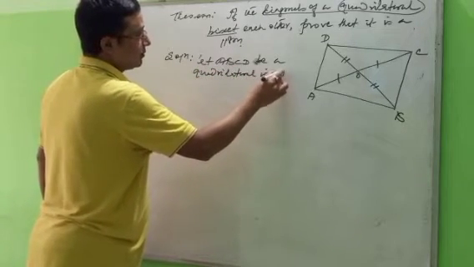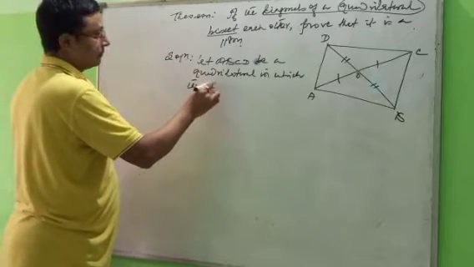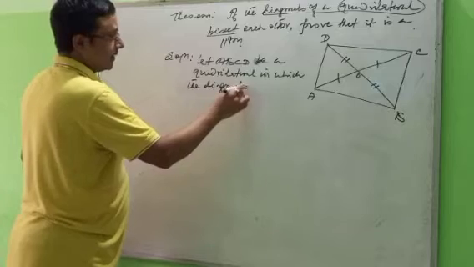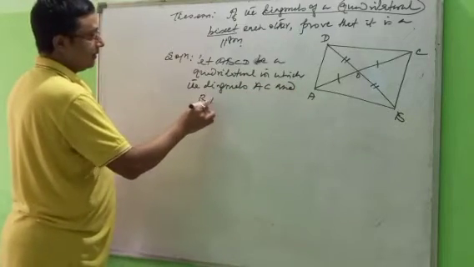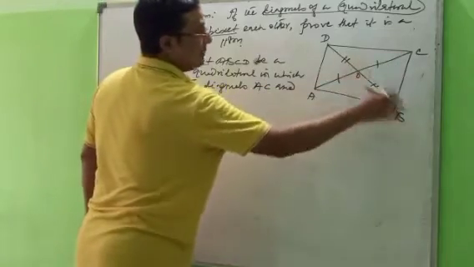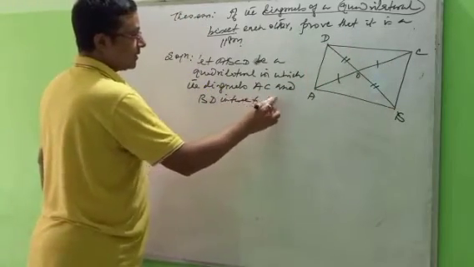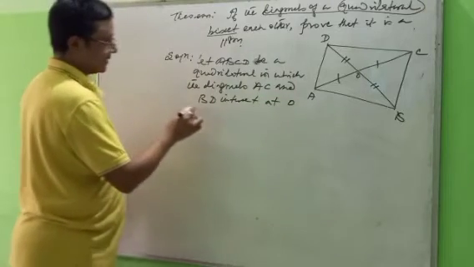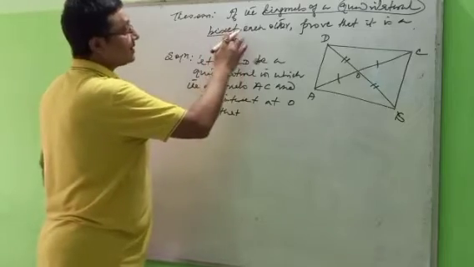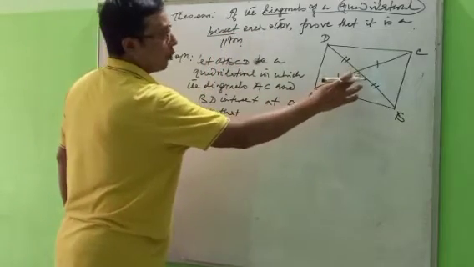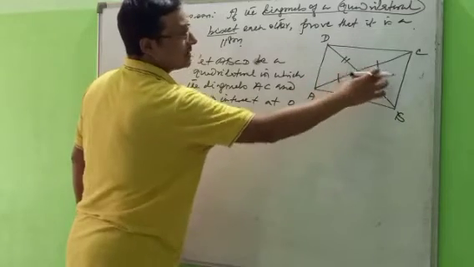In which the diagonals AC and BD intersect at O, such that they bisect each other, that means AC bisects BD and BD bisects AC.